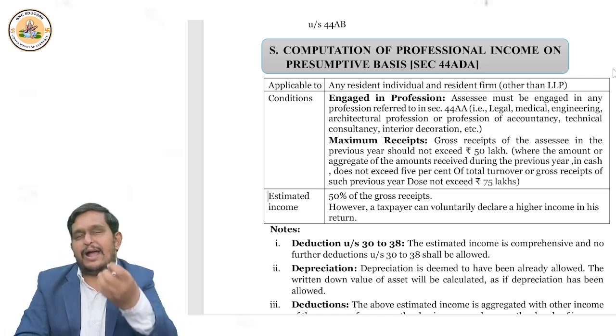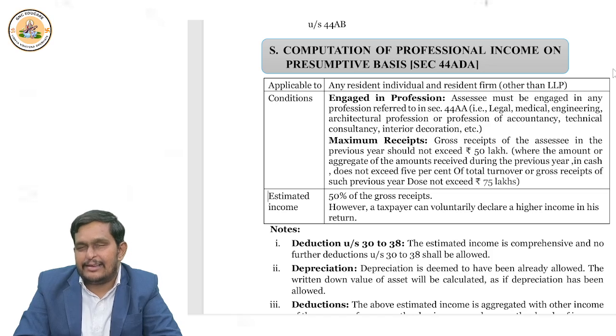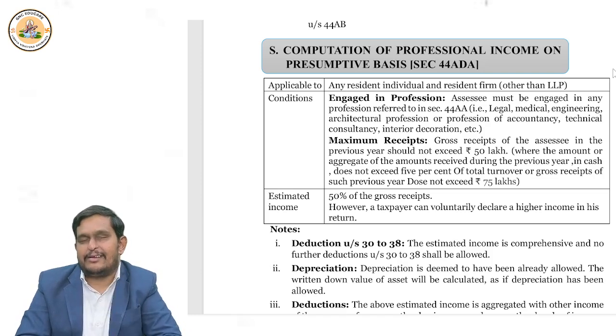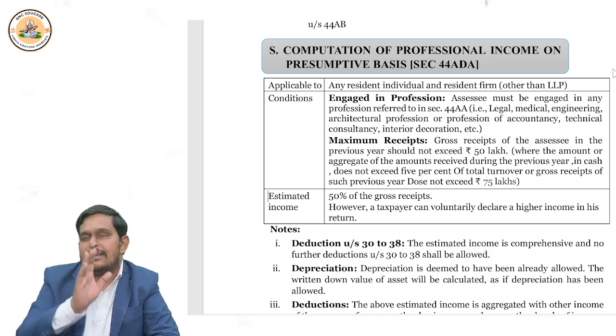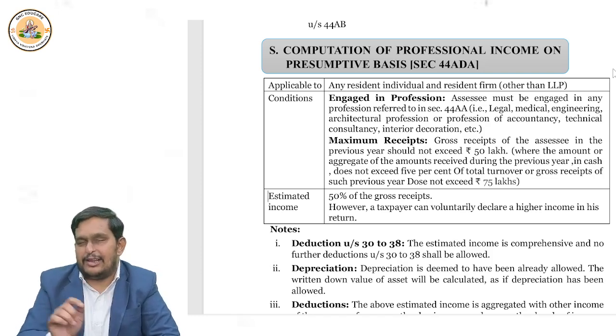Suppose you cross this maximum turnover, can you file return under 44ADA? The answer is no. If your gross receipts are within these limits, then you can compute income under 44ADA. That is, you can file ITR 4. So we got the maximum turnover limit, the gross receipts limit here.